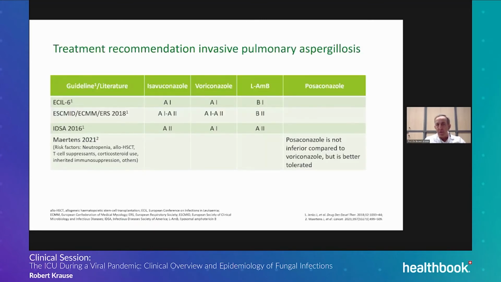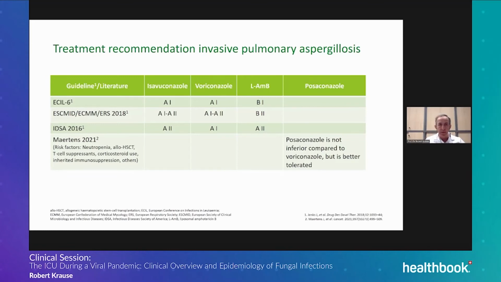Let me now come to the treatment of pulmonary aspergillosis. We have certain guidelines for the treatment of invasive aspergillosis in the hematology setting and in the immunosuppressed setting. We can use isavuconazole, voriconazole, or liposomal amphotericin B, and recently also posaconazole with a certain grading, as you can see here in this table.